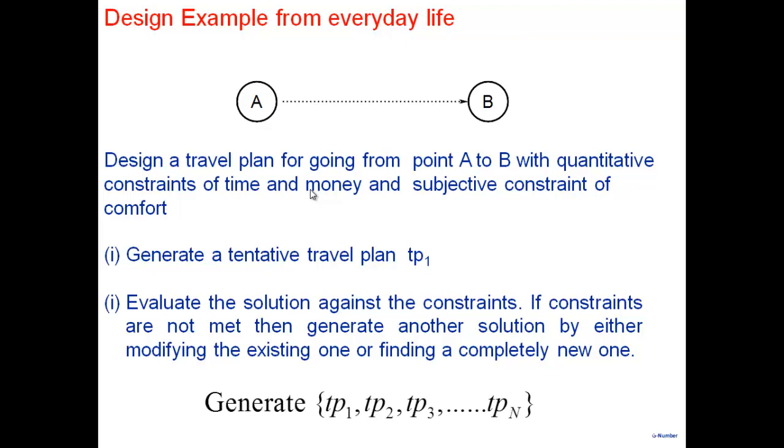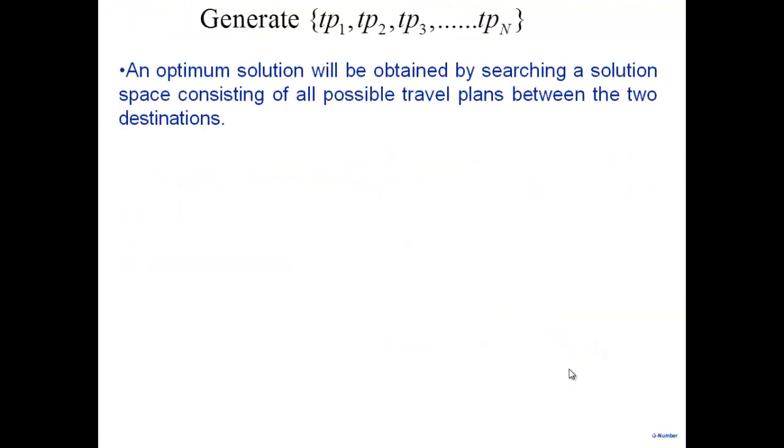A better one would be to generate a set of travel plans. TP1, TP2, TP3, a wide variety of travel plans. And the more travel plans that you can generate, the better it is. So a large variety of alternatives you generate. And once you generate, then you search. Then you evaluate each one of them. You evaluate TP1 against the cost and the time and all that, TP2, TP3 and all that.